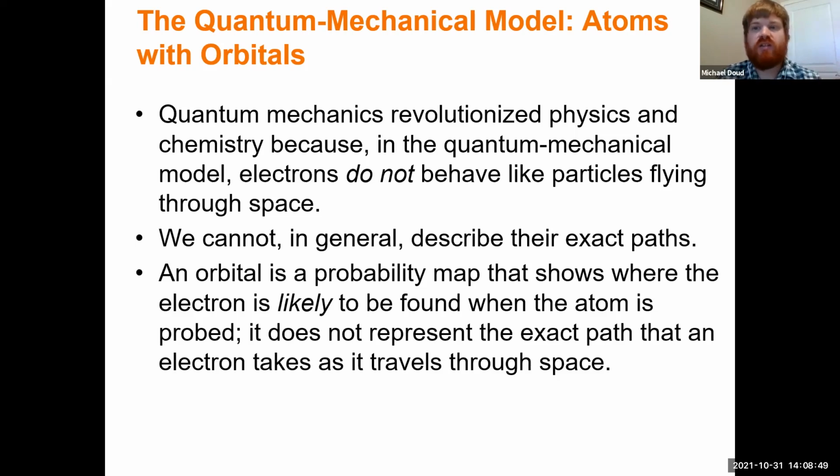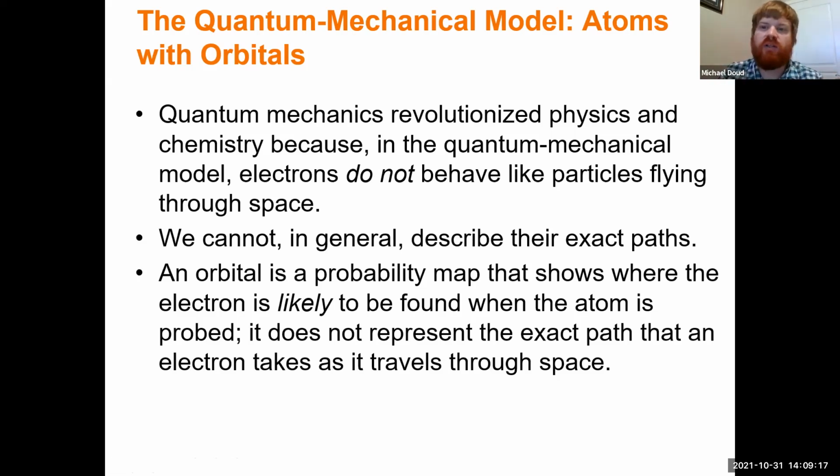And the thing is, electrons are so small, they have such a small mass that they exhibit a very strong wave-particle duality. In other words, in some cases, they behave like a particle, and in some cases, they behave like waves. So because they don't exactly take the shape of particles, because they have this wave function aspect, we can't give an exact path for where they go from and where they go to.